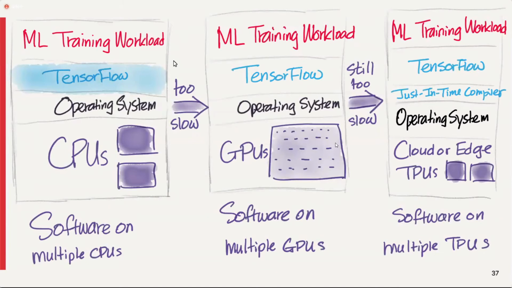So here's an example. On the left-hand side, you have a traditional way of implementing machine learning training workloads. These are implemented using TensorFlow or PyTorch as frameworks. And the framework would be something that we use to train the machine learning workload.